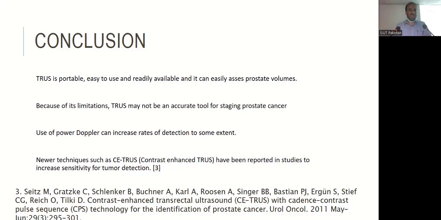Sometimes it also appears as isoechoic lesions. So it is not necessary that prostatic CA is a hypoechoic lesion, but because most prostatic CA appear as hypoechoic, isoechoic lesions are very difficult to detect on ultrasound.